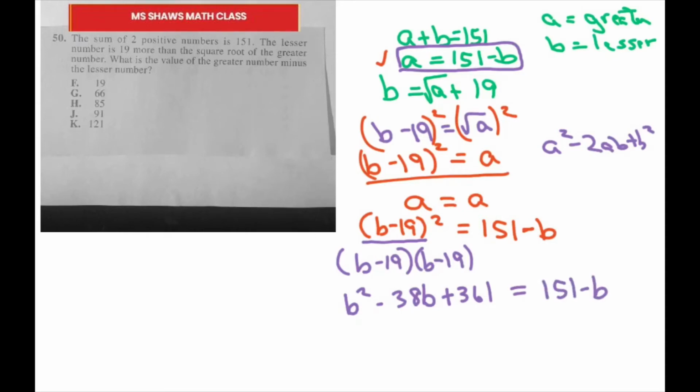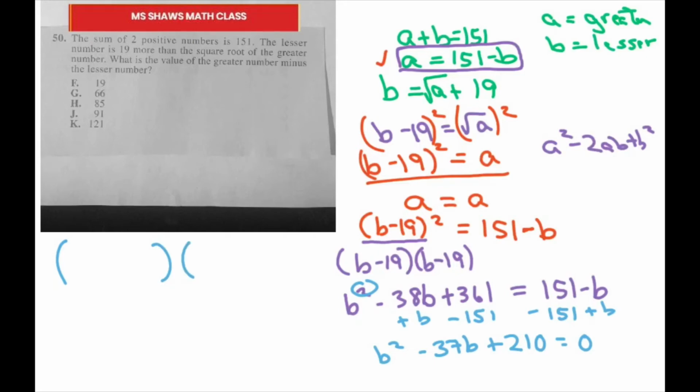Now, since we have a quadratic equation, just move everything over to the left-hand side. So we're going to subtract the 151 from both sides, and add the B to both sides. And we're going to get B squared minus 37B plus 210 equals 0. Then you have to factor it. And that's B, and they're both going to be minus.